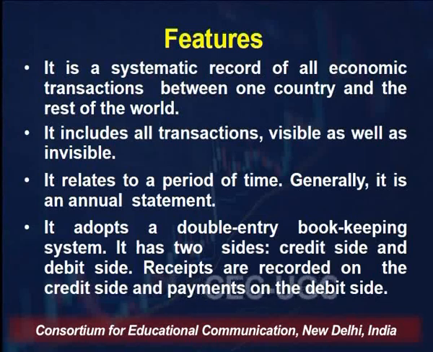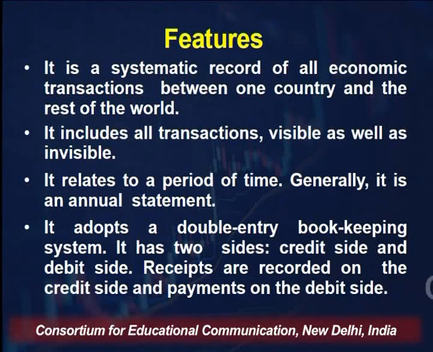Visible means imports and exports of goods. Invisible means services, which are not visible, but payment or receipt for the services takes place. It relates to a period of time, generally 1 year, or you can say an annual statement which is placed.